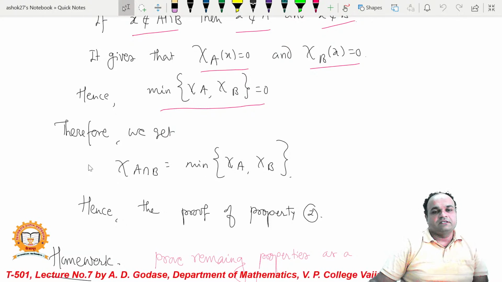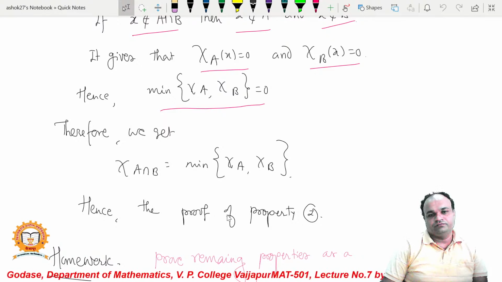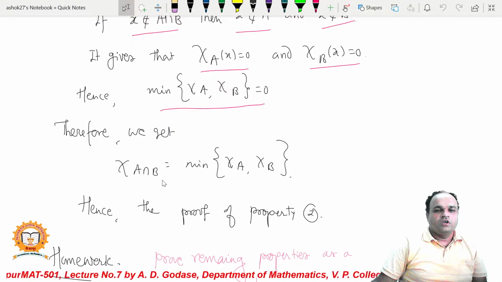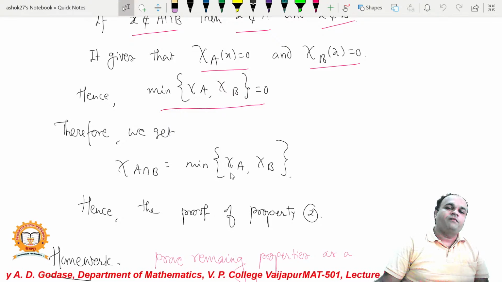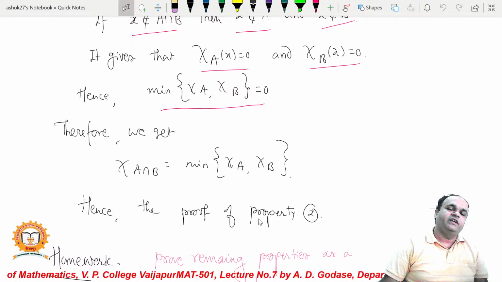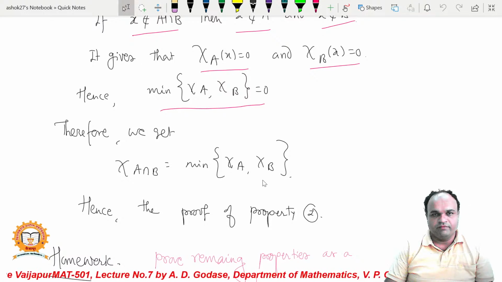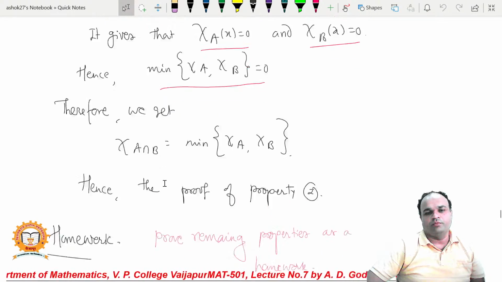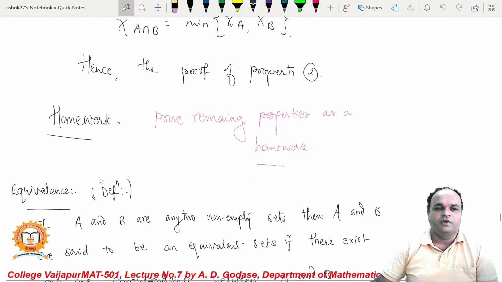So in both cases we proved chi of A intersection B equal to minimum of chi of A and chi of B, and hence we get the required equality. So that was the proof of the second property.